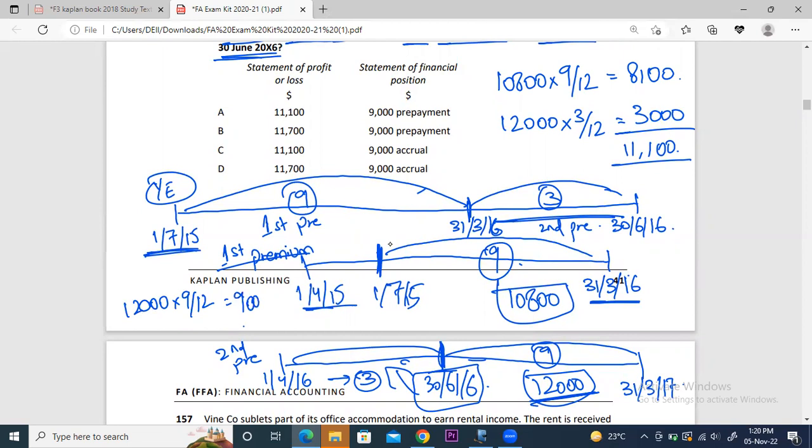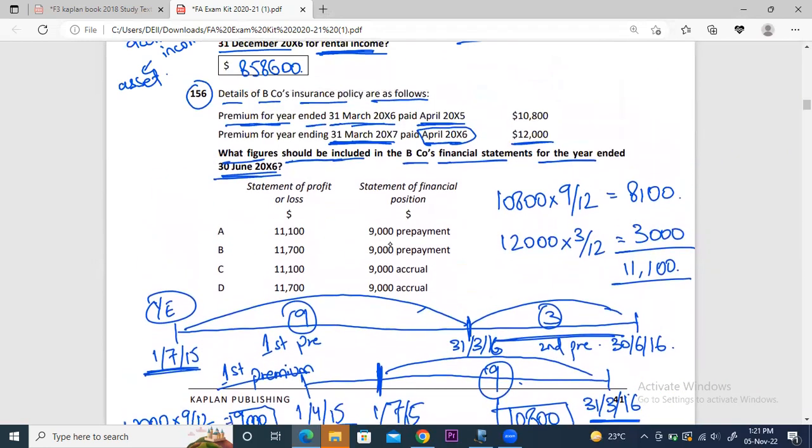So 9,000 will be our prepayment, because it's the benefit that we have to take yet, but the payment has been made. It's an asset for us, right? So 11,100 is the statement of profit or loss expense, and 9,000 is the prepayment that will be going to the next year. Okay, so that means A option should be correct over here.